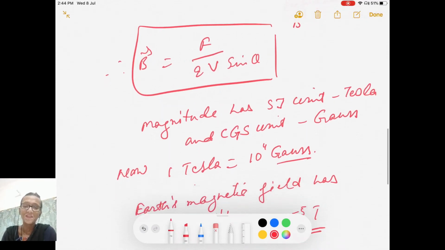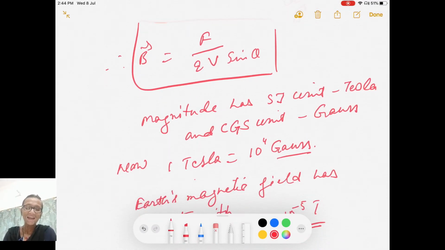At many a place you can find written that magnetic field is the space all around a magnet. But space has unit meter cube, and space all around a magnet cannot be the definition of magnetic field.